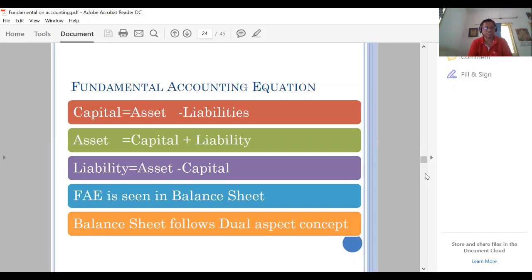Liability is equal to asset minus capital. That is nothing but the basic accounting equation. Capital is equal to asset minus liability is rearranged and reorganized for calculating the asset and liability. This is called the balance sheet equation. This follows the dual aspects of accounting. One should remember it is very basic in nature, but it is very important.